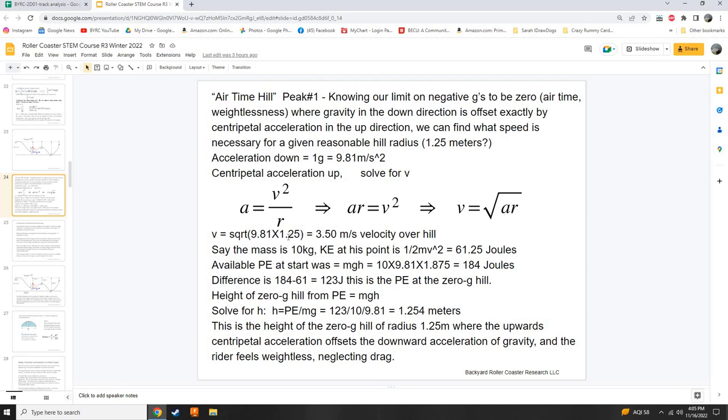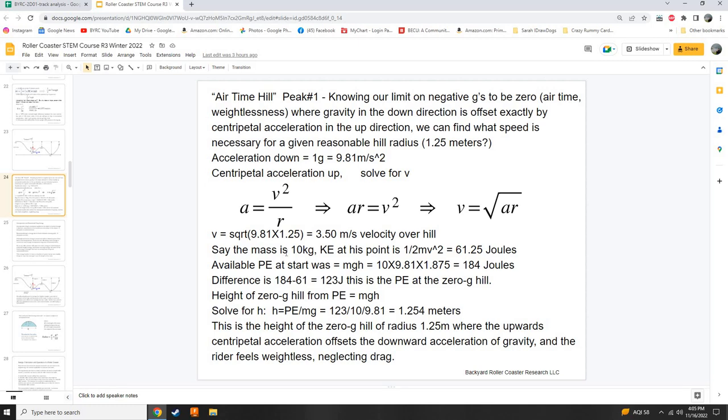So plugging these numbers in for the radius, 1.25, we know acceleration is 9.81, and we get the square root of that, and we get 3.5 meters per second velocity over the top of that hill. So we want to be going 3.5 meters per second.